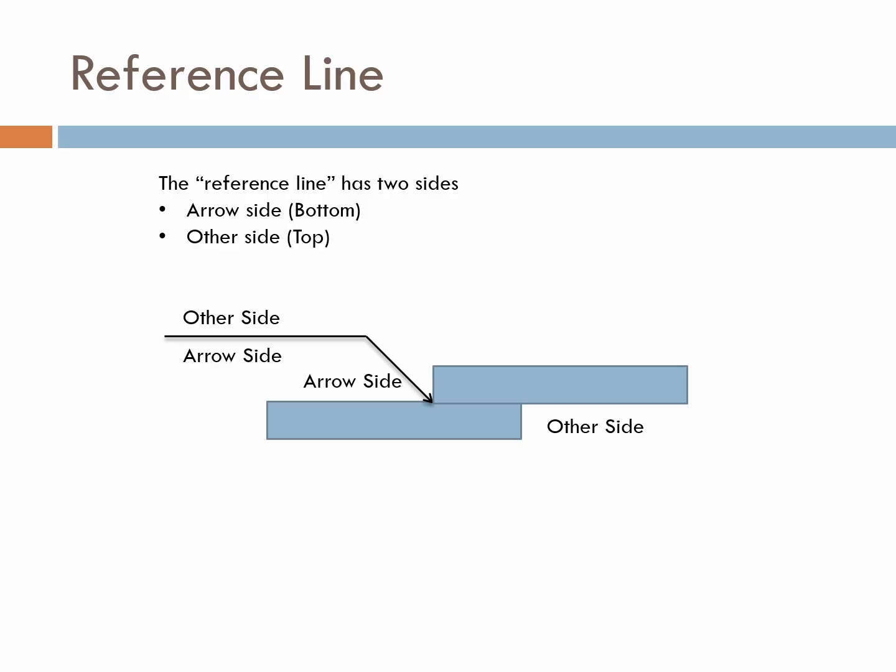With a lap joint, same type thing, arrow side here, other side over there. So, okay, does that make sense to y'all? All right, let's go to the next one.